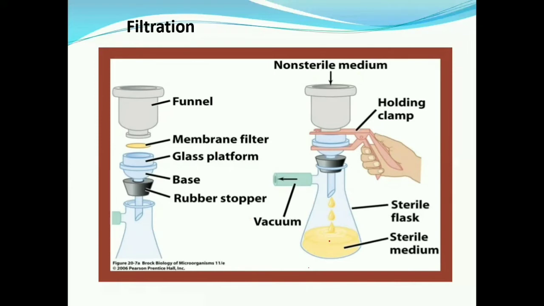Then after a predetermined time of incubation, the colonies are counted. Most often the membrane filter or a physiological saline, that is 0.85% NaCl, is utilized for the filtration of air.